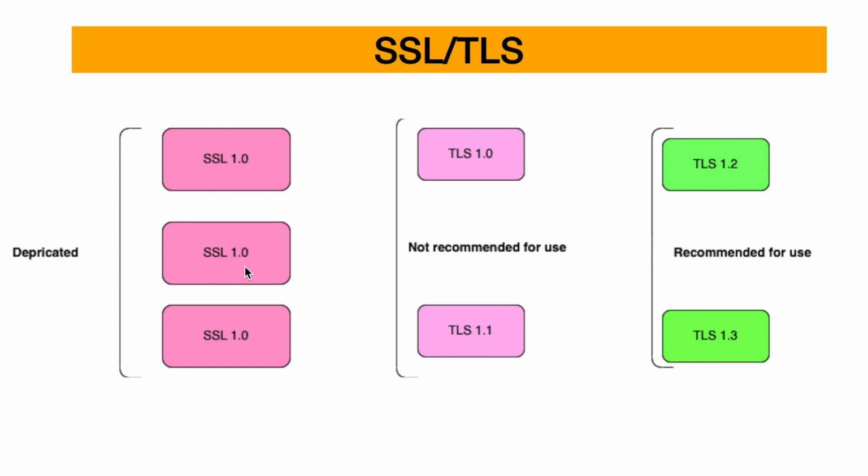Then we have the TLS protocols: TLS 1.0, TLS 1.1, TLS 1.2, and TLS 1.3. TLS 1.0 and TLS 1.1 are also old protocols, and as I wrote there, they are not recommended for use, because there are a lot of vulnerabilities.